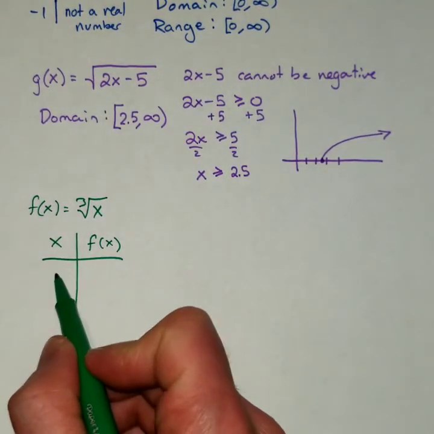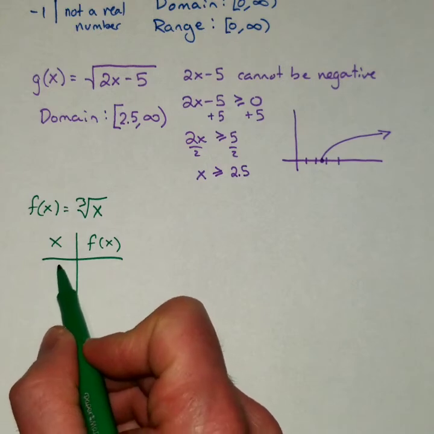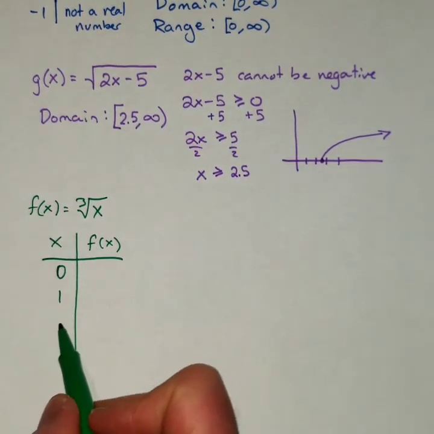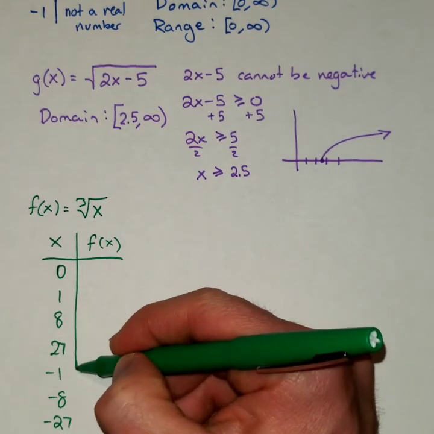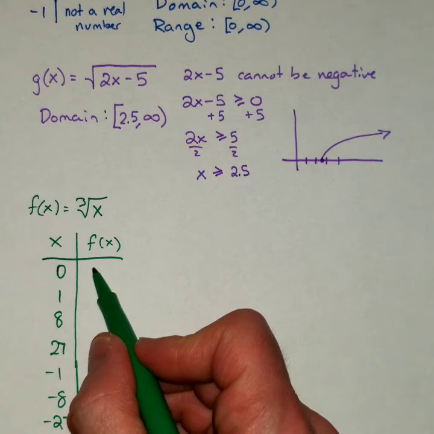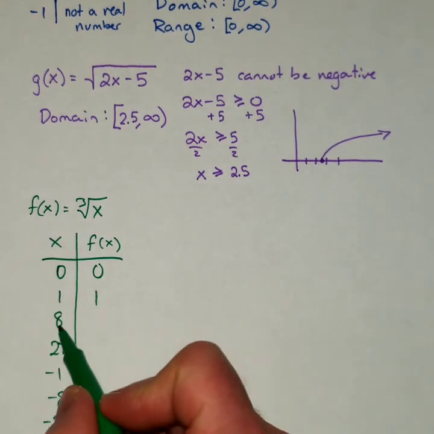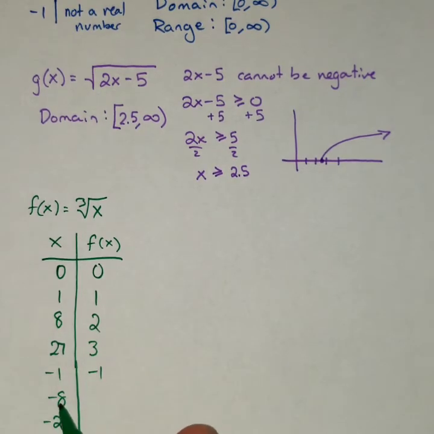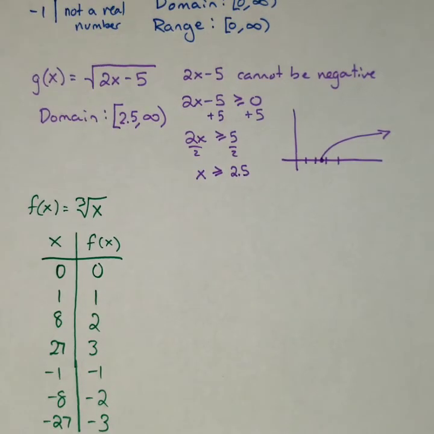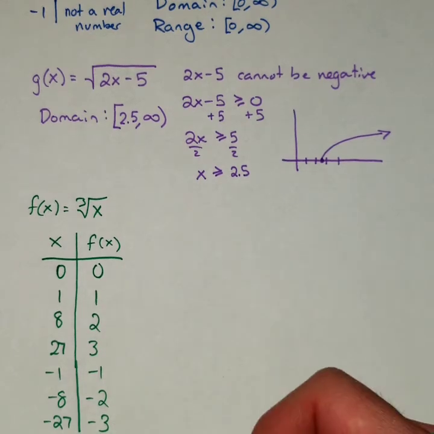So you can have 0, 1, what are perfect cubes, 8, 27, and so forth. But you can also have negatives, negative 1, negative 8, negative 27. And so when you calculate the cube root of 0, you get 0, cube root of 1 is 1, cube root of 8 is 2, cube root of 27 is 3, cube root of negative 1 is negative 1, cube root of negative 8 is negative 2, and cube root of negative 27 is negative 3. And so you have all these ordered pairs, but you have both positive and negative values.